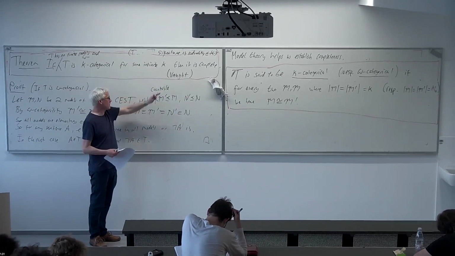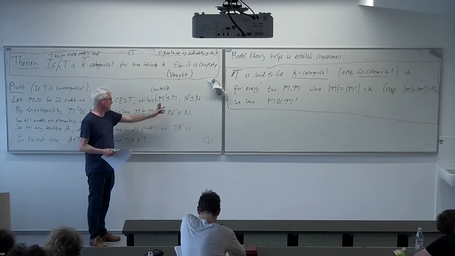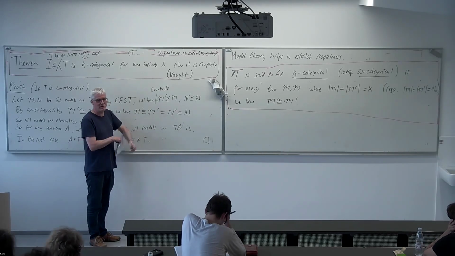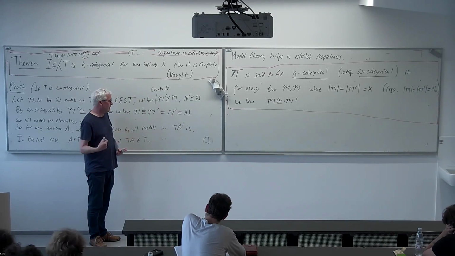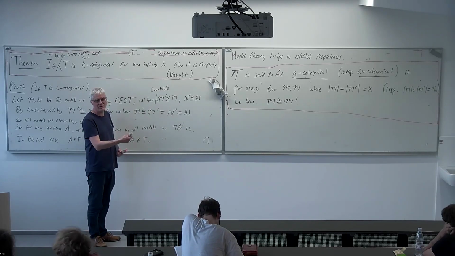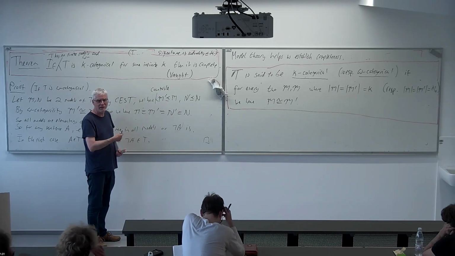The general case is essentially the same, only you start off with two infinite models, M and N. If the cardinality is smaller than kappa, you use the upward Löwenheim-Skolem theorem that I mentioned a couple of lectures ago. If the cardinality is greater than kappa, you use the downward Löwenheim-Skolem theorem.